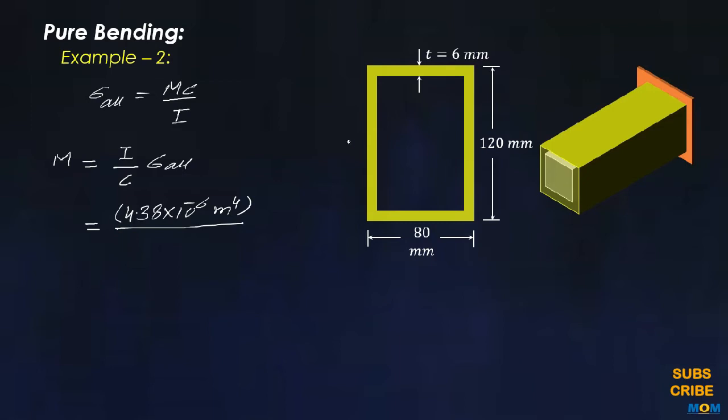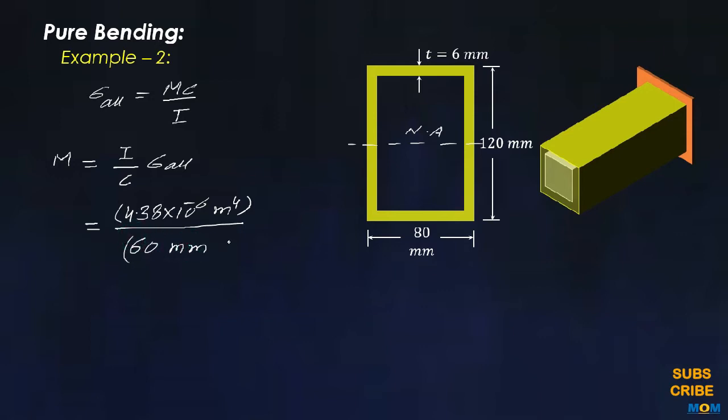So this is going to be the maximum distance from the neutral axis. So total height is 120 millimeter, so half of that is going to be 60 millimeter.